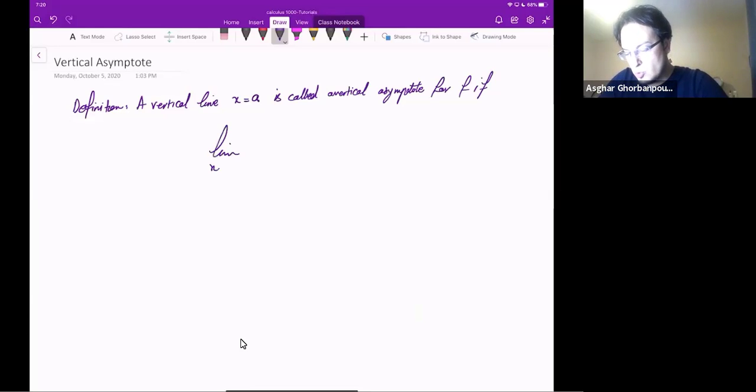When x goes to a, the limit of the function is either plus infinity or minus infinity.